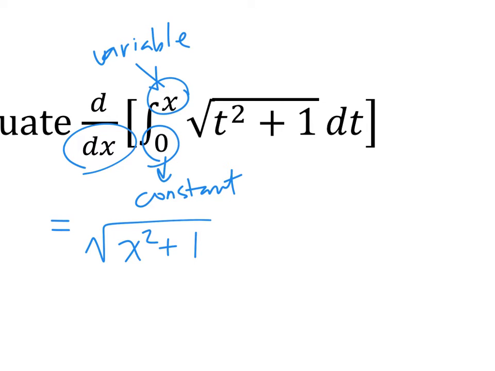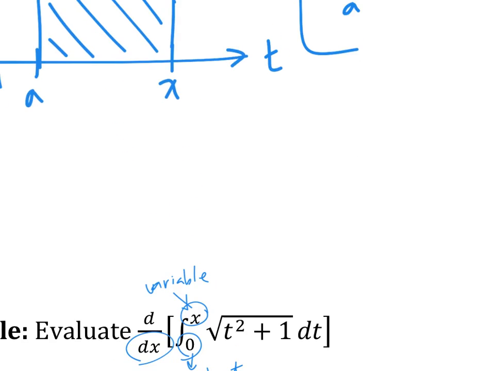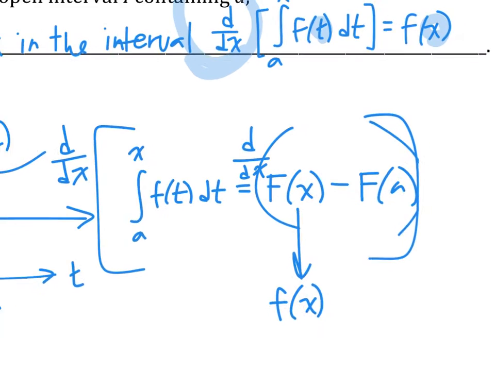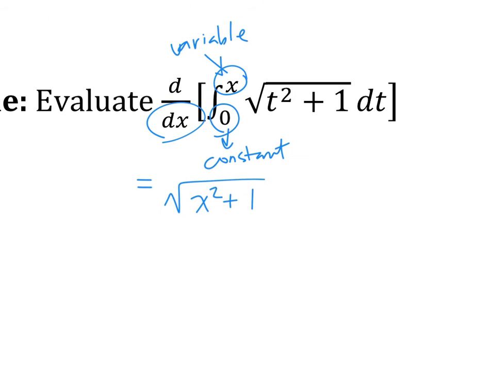That's the answer. When you take the derivative of an integral, all you're doing is changing the variable, if the lower part is a constant and the top part is just a variable.